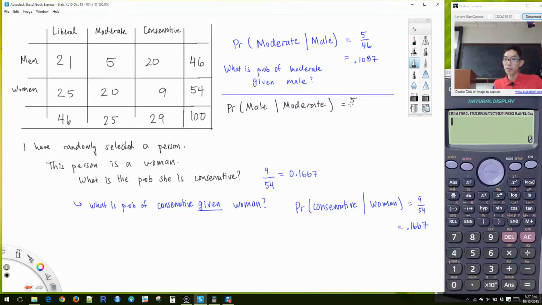So this is going to be 5 over 25, which is 0.2. Okay, so over here, imagine this. I have randomly selected a person. What do we know about this person? This person is moderate.